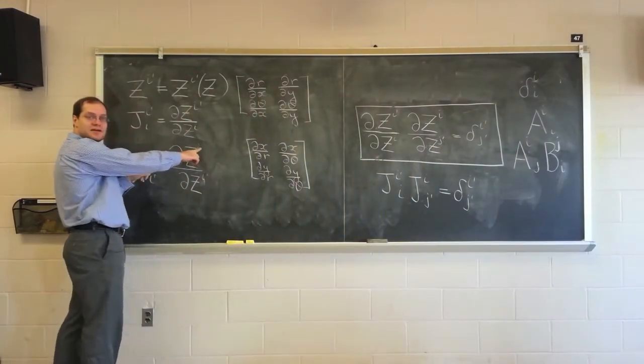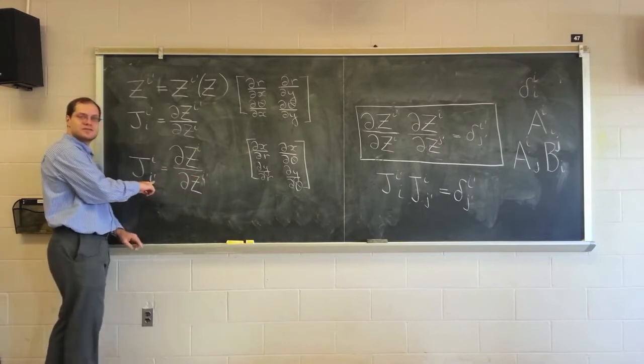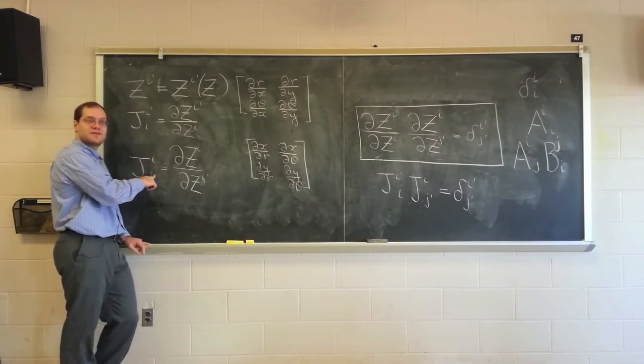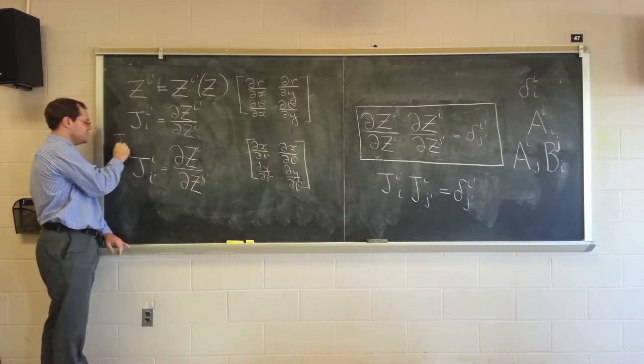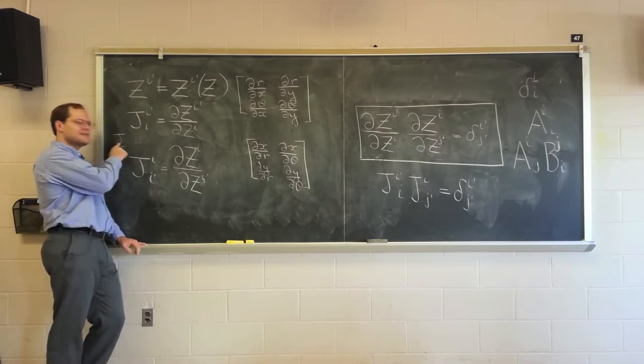Because here I is on top, so j gets the one on top, and here I is on the bottom, so j gets the one on the bottom. So if I wrote them as j and j prime, which at some point I'm forced to for some other object, you look at this and it's like, wait, is this old in terms of new or new in terms of old?